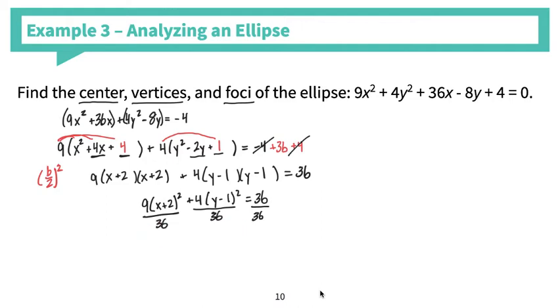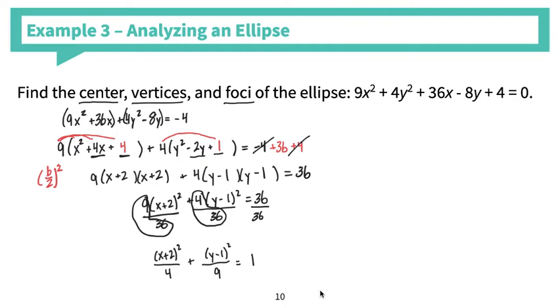Okay, so when I do that, I'm going to have to simplify this fraction, 9 over 36, which becomes 1 over 4. So essentially I have just (x + 2) squared over 4. And then I need to simplify this right here, which will simplify to 1 over 9. So that's just (y - 1) squared over 9. And then 36 divided by 36 is 1.